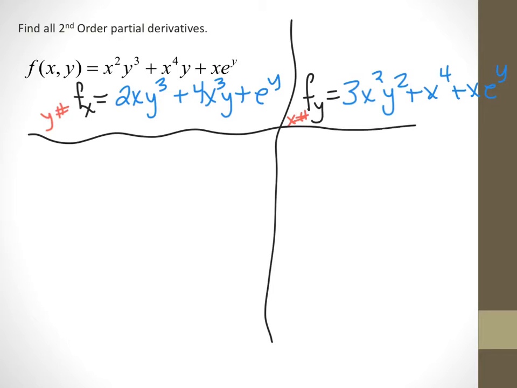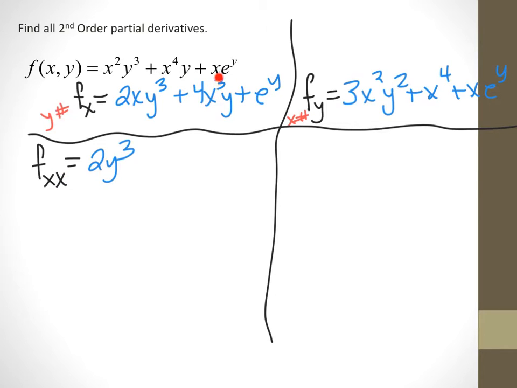I'm going to draw a line here because to do second order partial derivatives, we're going to refer back to this term that's up here. And so we're going to take it with respect to x again. So with respect to x, 2 and y cubed are numbers. So a number times x, the derivative of a number times x is just that number. So we're going to get 2y cubed. Next term, with respect to x.